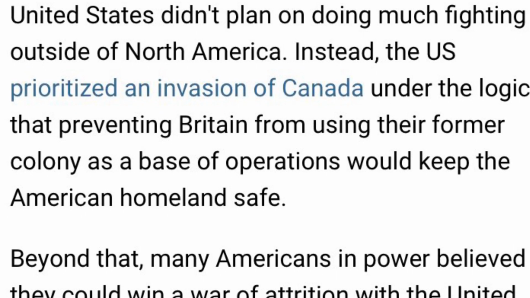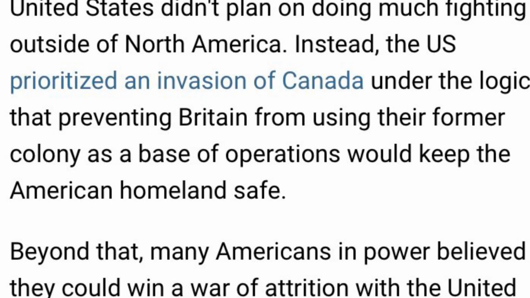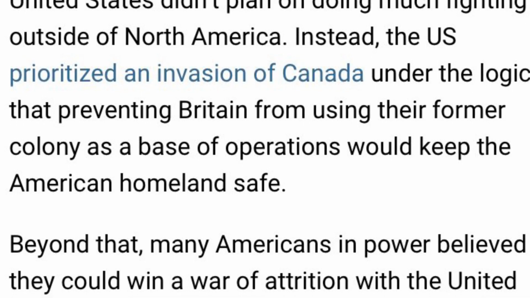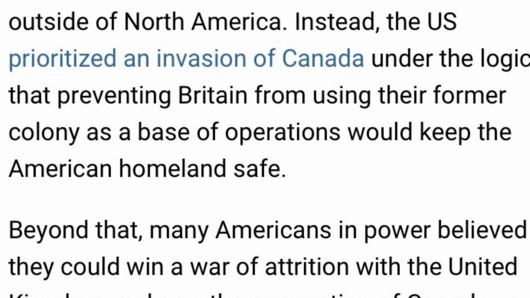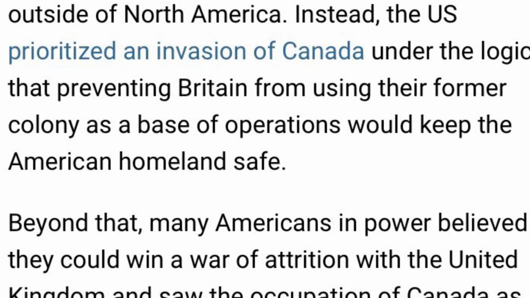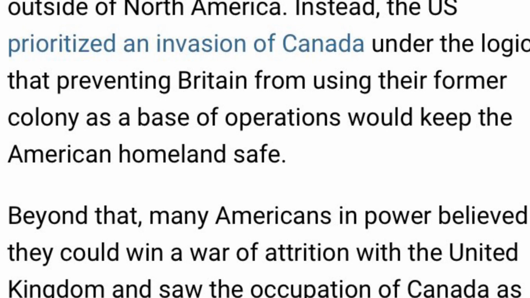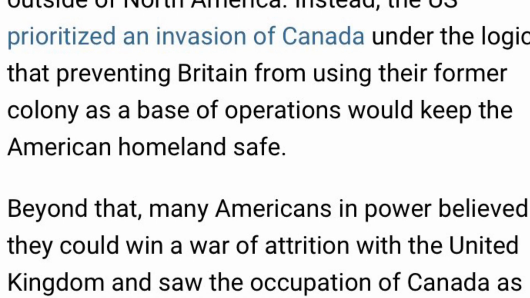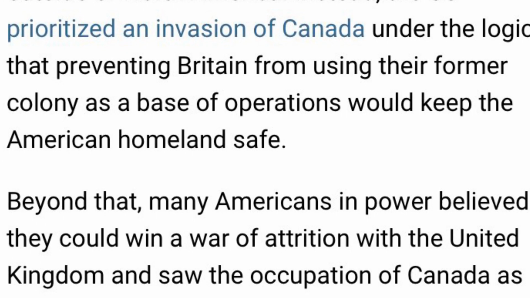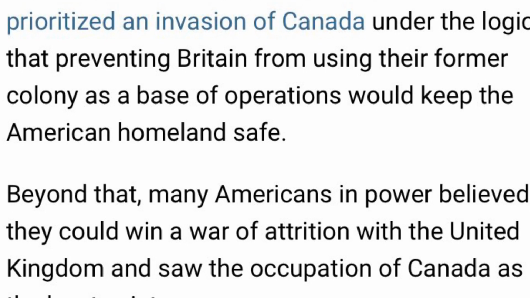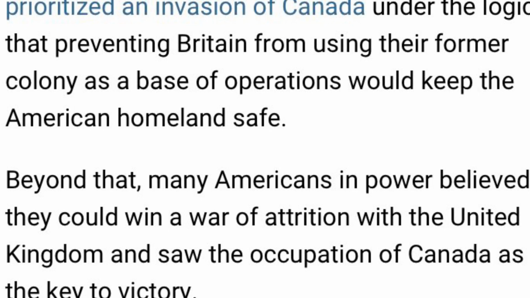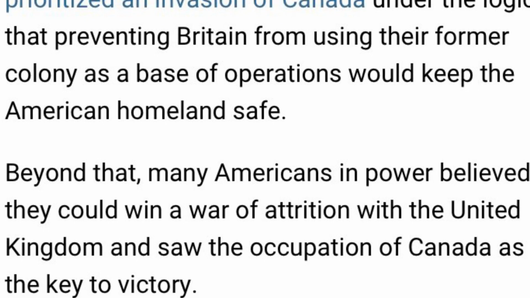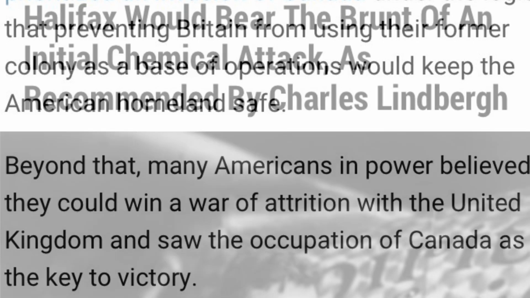Instead, the U.S. prioritized an invasion of Canada under the logic that preventing Britain from using their former colony as a base of operations would keep the American homeland safe. Beyond that, many Americans in power believed they could win a war of attrition with the United Kingdom and saw the occupation of Canada as the key to victory.